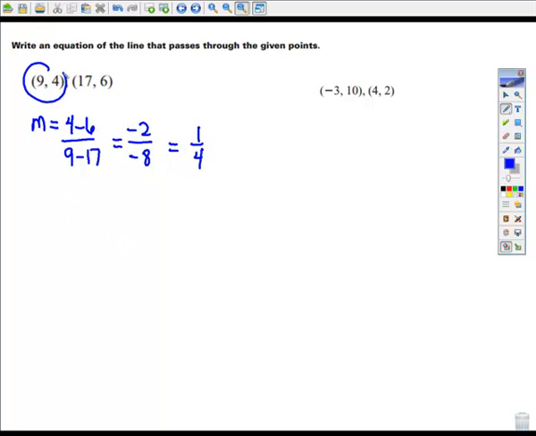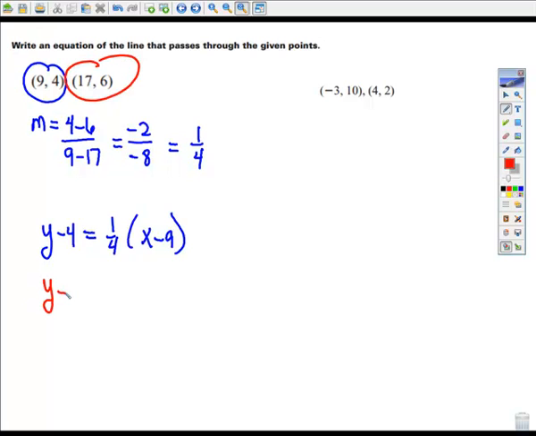So if I use this first point, I have y minus 4 equals 1/4 times the quantity x minus 9. If I use the second point, I have y minus 6 equals 1/4 times the quantity x minus 17.